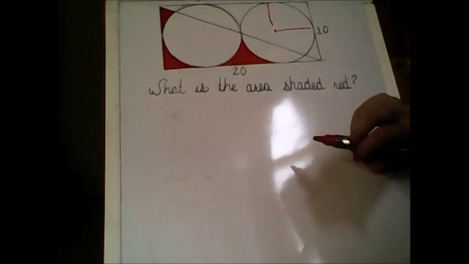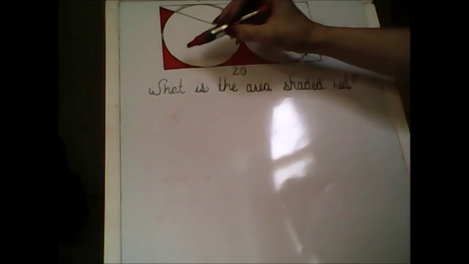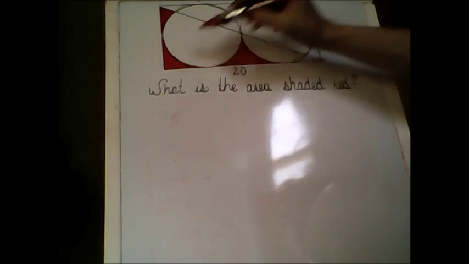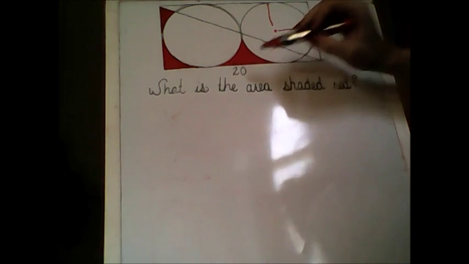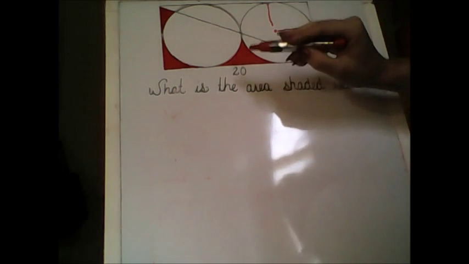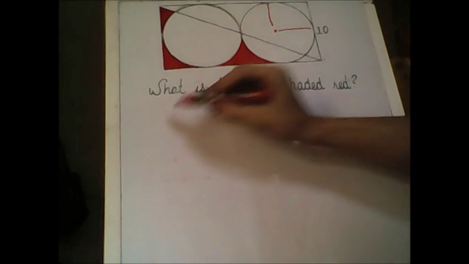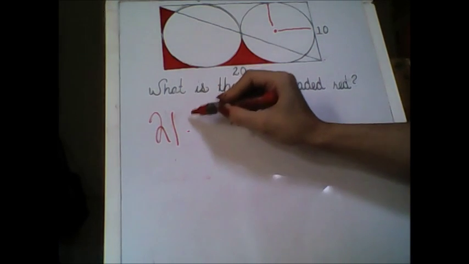So that gives us a lot of information. It means that we now know that each one of these corners in a square have to be the same area.